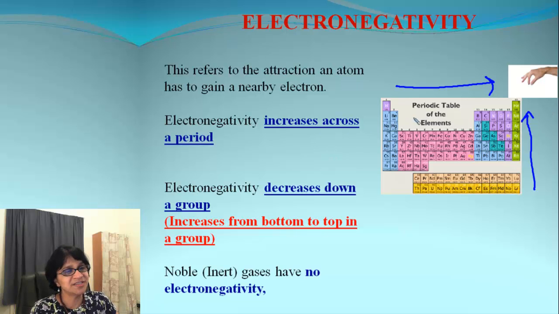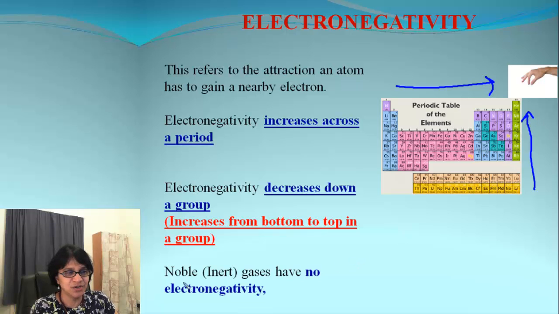So in a period, it is going to increase from left to right, and in a group, it's going to increase from bottom to top. And the electron attraction will be more for the nonmetals, because nonmetals want to gain more electrons and easily turn into the noble gas, of course in an isoelectronic manner.